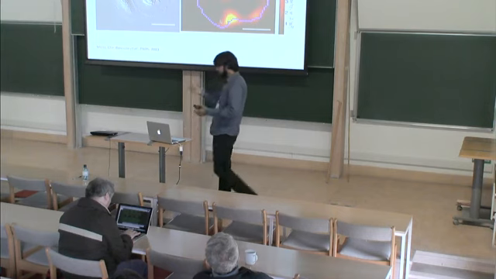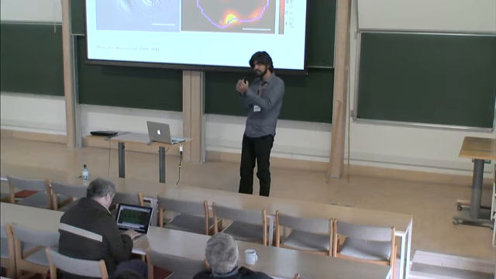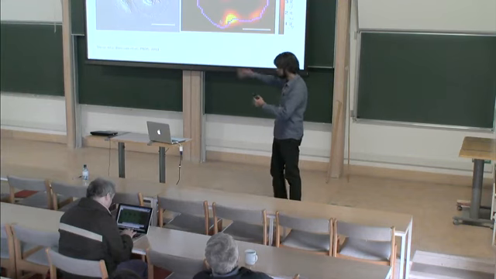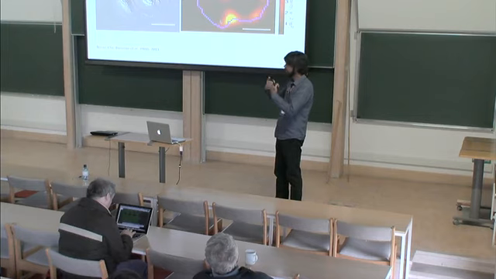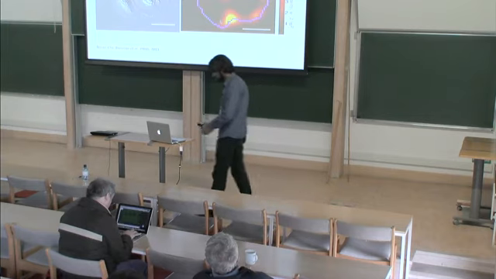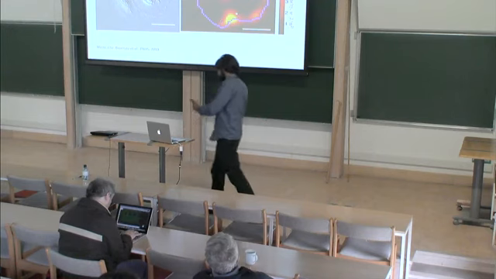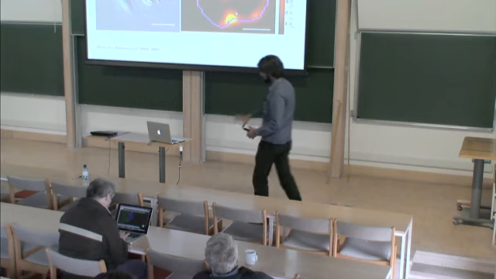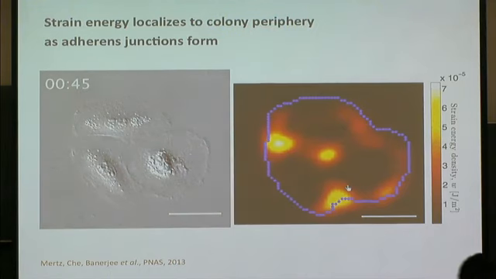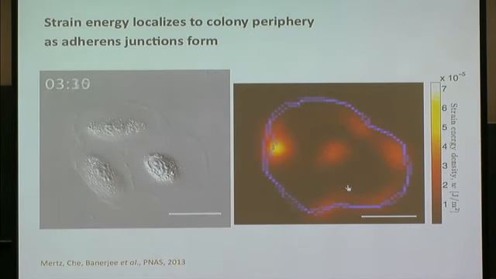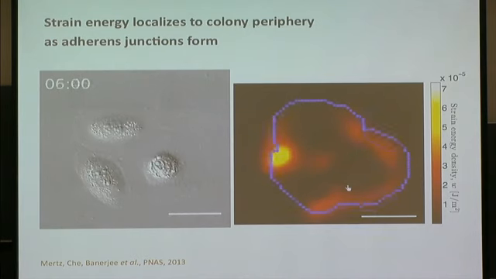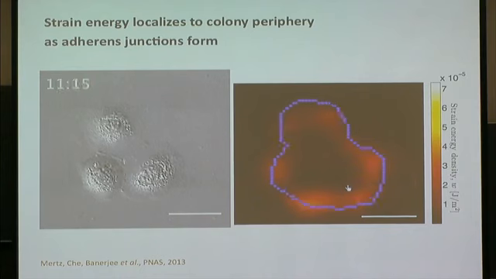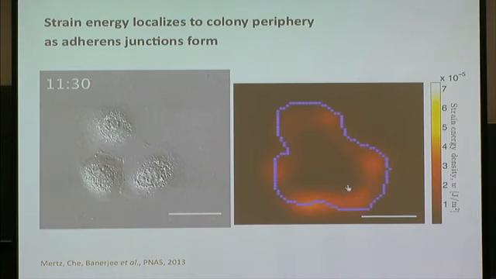Now, what happens if we perturb the intercellular adhesion strength? What we saw till now was for cell layers that are strongly adherent. If we start with a 3-cell colony from a low calcium level, and then elevate the calcium level over the scale of a day, we see that initially we start with a hot spot at the center that melts away, and then we see a nice ring forming around the colony.